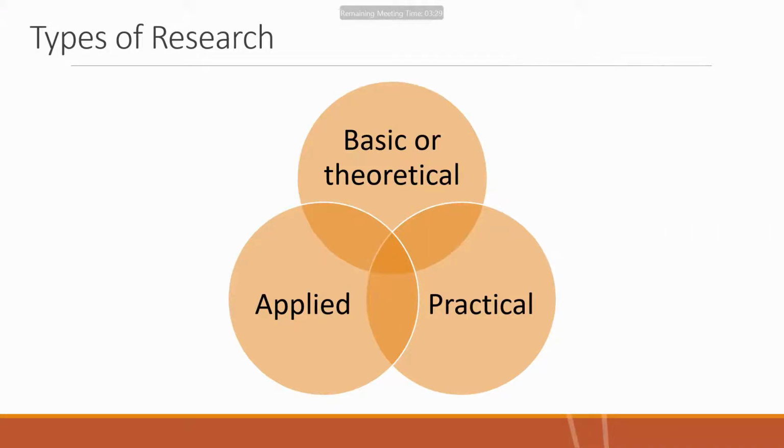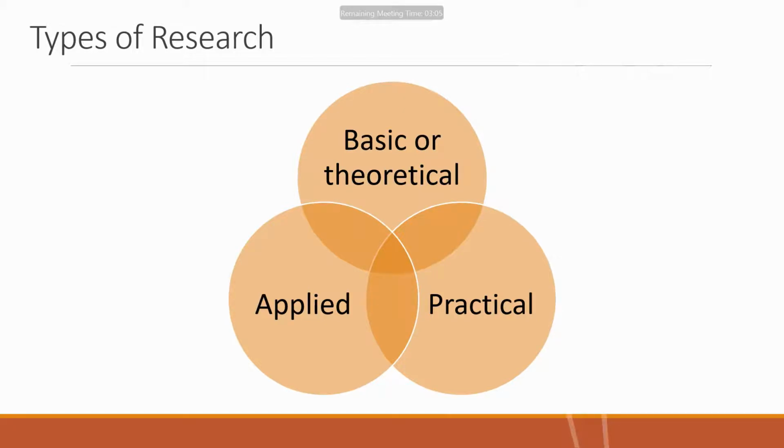But we have to know what is basic research, what is applied research, and what is practical research, to find out in which area our research or research from others falls. And why do we have to know about that?